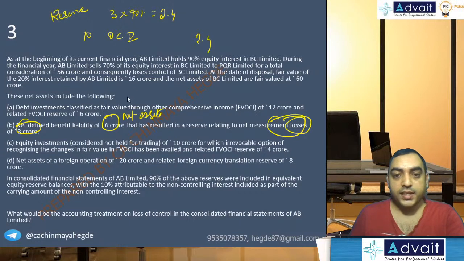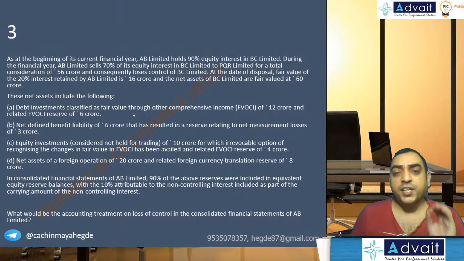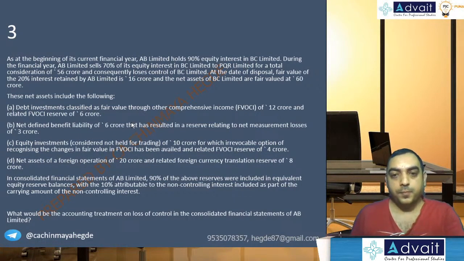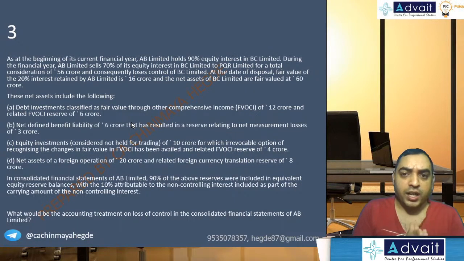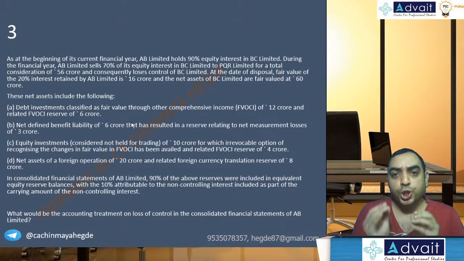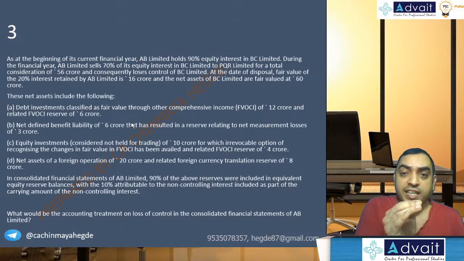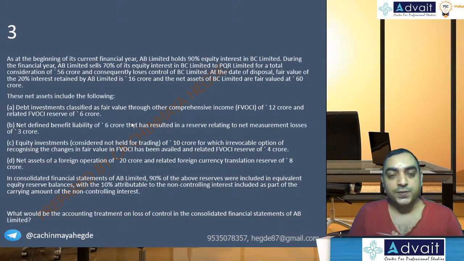Okay, so I'll just repeat once more. Remeasurement loss is not to be recycled. So instead of transferring it to P&L account, you transfer it to other reserves. Normal journal entry should be like the previous one: OCI account debit to other reserves.